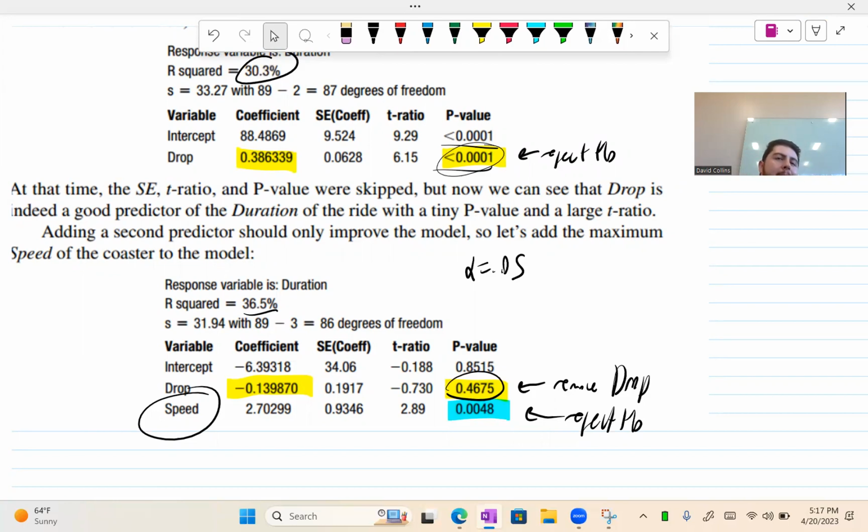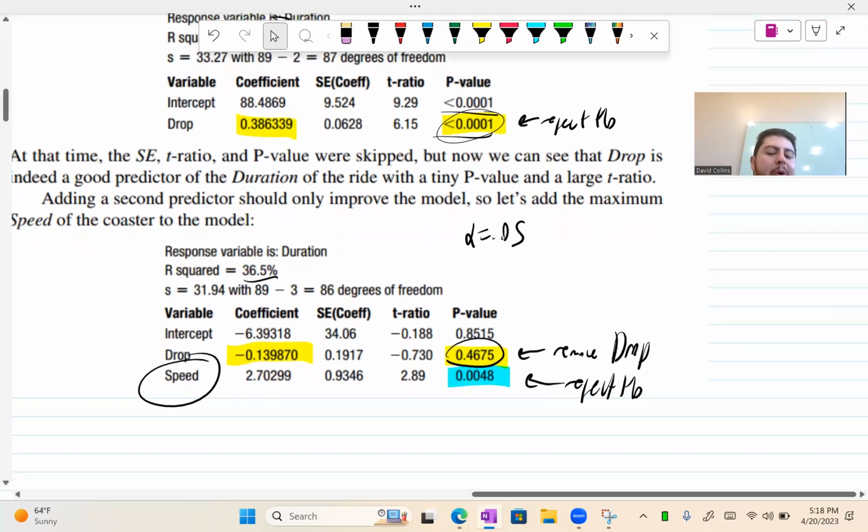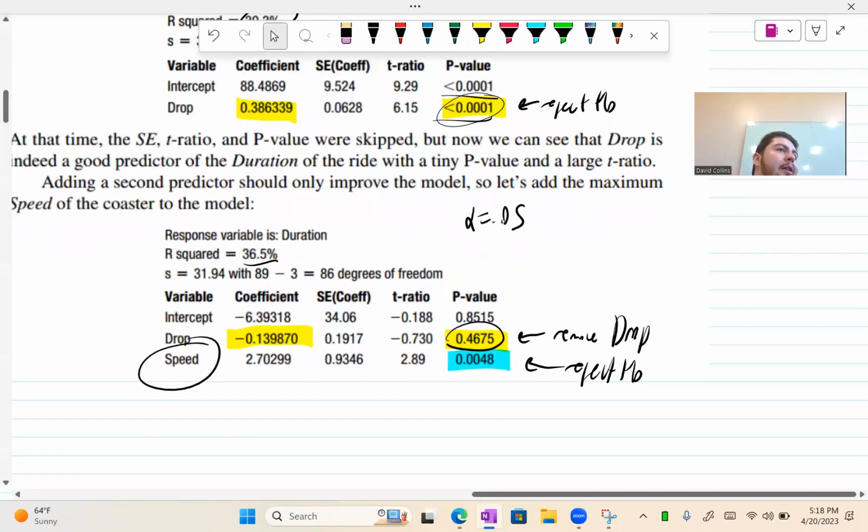For example, if the p-value for drop was like 0.0008 and speed was still significant, then both of them would still be significant and there would be no collinearity. If they were both small p-values, then they wouldn't be collinear.